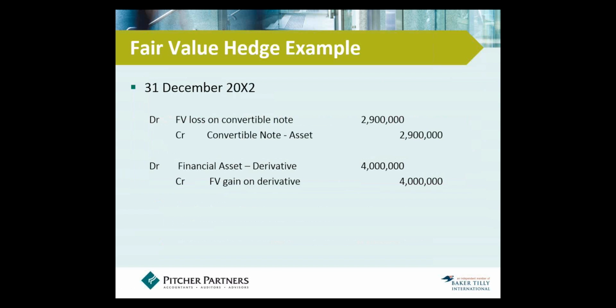So there's no need for a specific journal for the ineffective portion. So it's really important. A fair value hedge is the easier one, because the big change is that the financial asset or the financial liability, the hedged item, will no longer be accounted for according to the normal rules, for example, amortized cost, but it will now be at fair value.